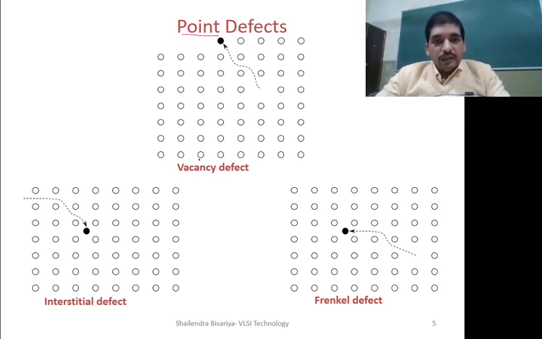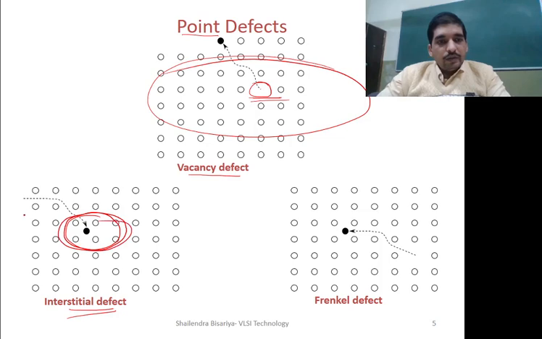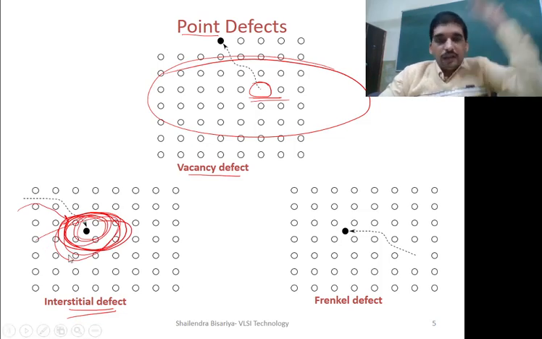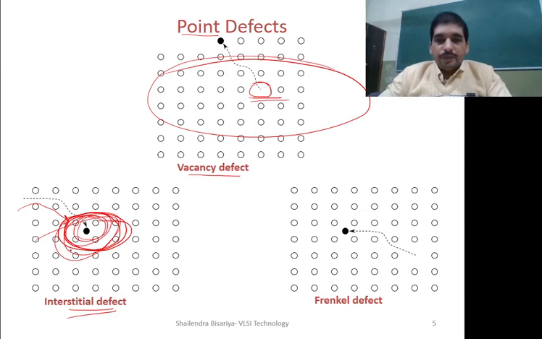Point defect basically, what we have discussed is the vacancy defect. That means a vacancy is created, even though the structure is maintained. That is why it is known as the vacancy defect. That is what we have just discussed. Similarly we have discussed another point defect, that is the interstitial defect. That means an atom is there at an interstitial site from outside. It may be a silicon atom, that becomes silicon interstitial, or it may be any other impurity atom that becomes an interstitial defect because of impurity, right?